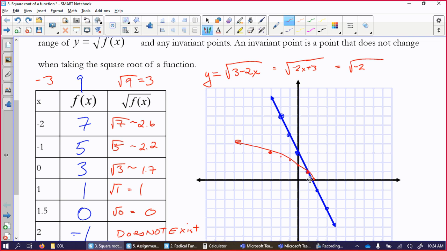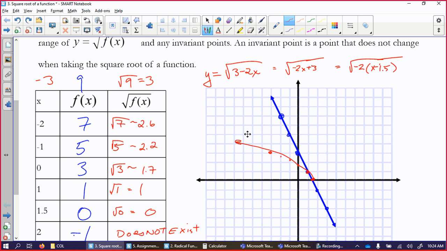-2, and x minus 1.5. So if I gave you that equation, well, you could say that has a horizontal translation of 1.5.